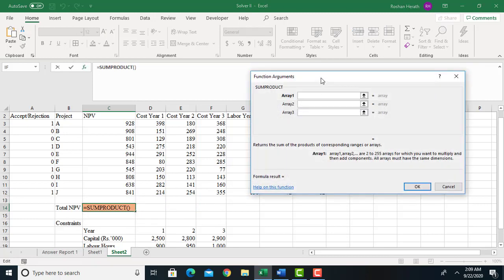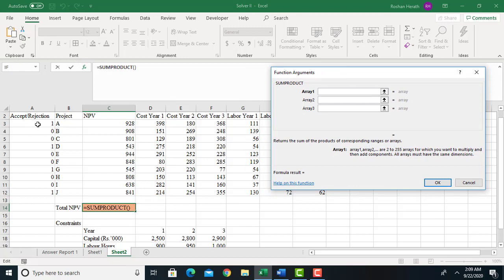You can simply ask the first column, the acceptance or rejection column, to multiply by the NPVs. Then 1 multiplied by the particular value gives the same value. Once it is multiplied by 0, it is 0. So it will ensure that you are getting the total of the projects that you would accept.